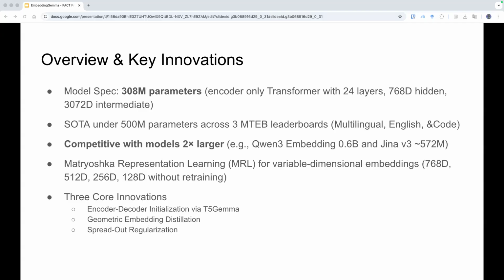When it came out, it was under 500 million parameters, and it's good at multilingual English and code. It's almost the same as 600 million parameter models.